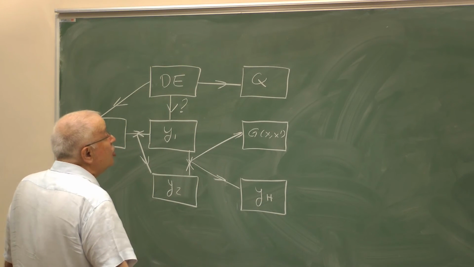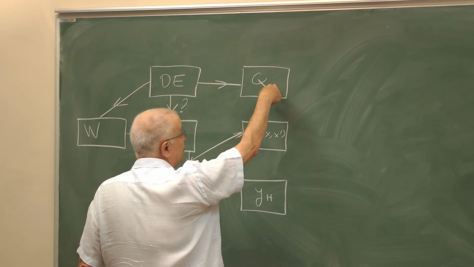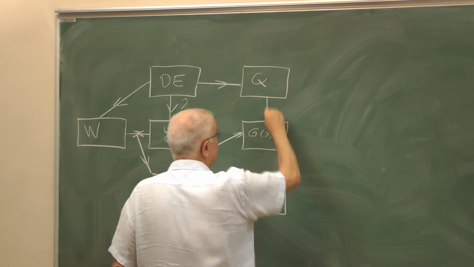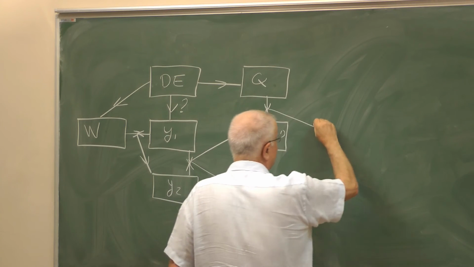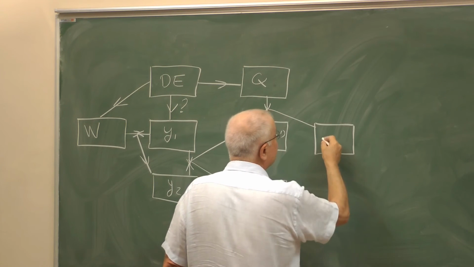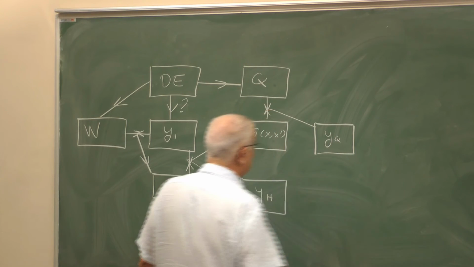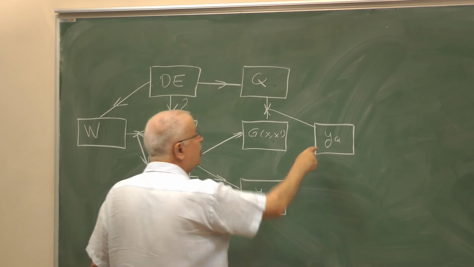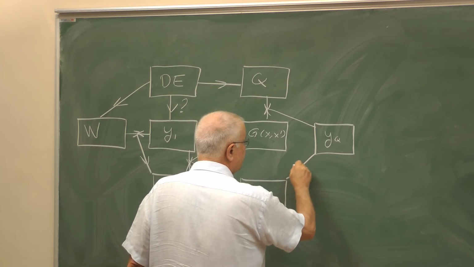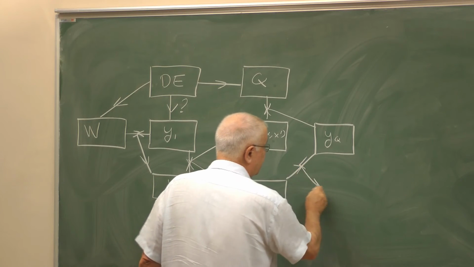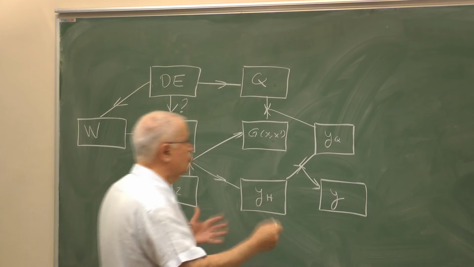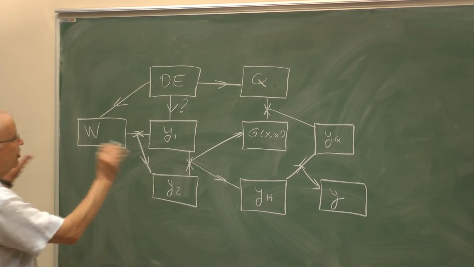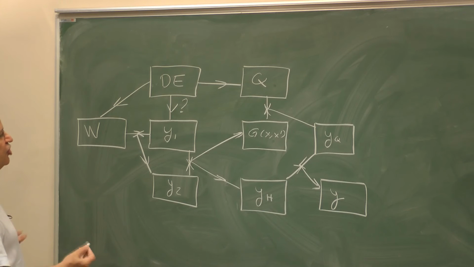Now, knowing the inhomogeneous part and the Green's function, this gives us the particular solution, and homogeneous solution and particular solution together give us the final and most general solution. So it's a general view of the situation.